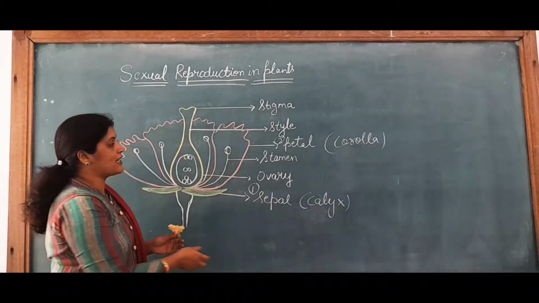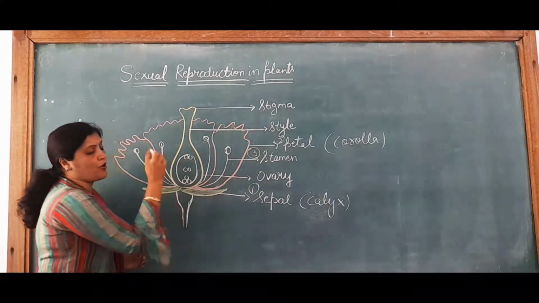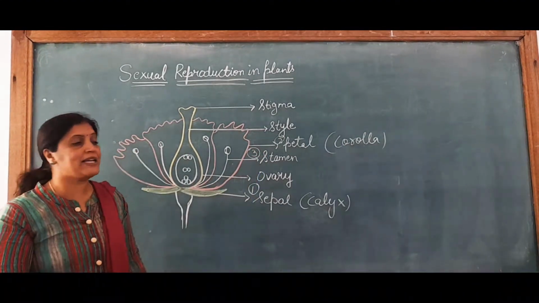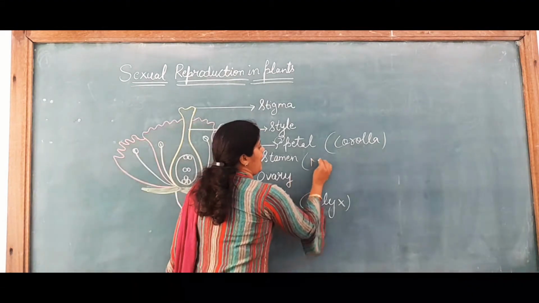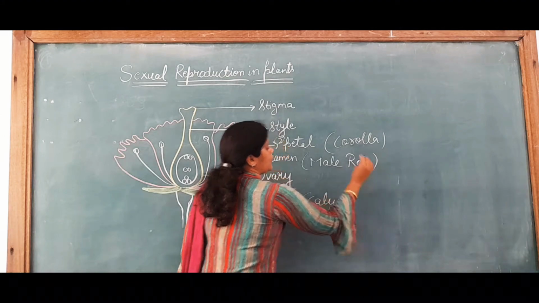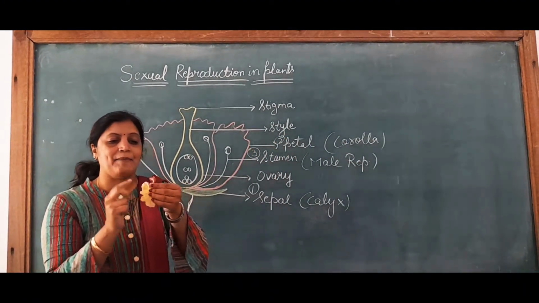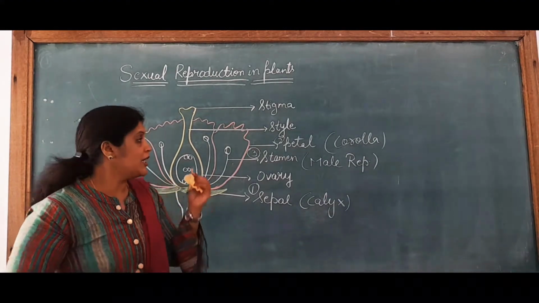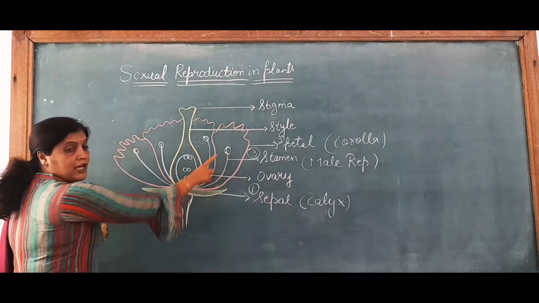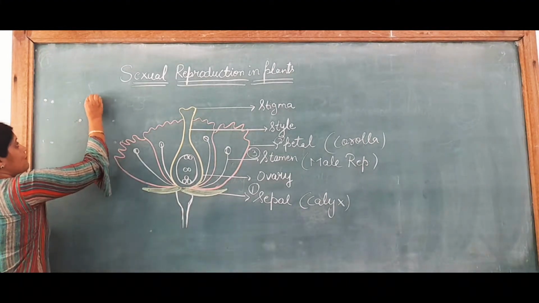Now the third part is known as the stamen. The stamen is the male reproductive part of the flower. You can see this one is the stamen. If you look at the stamen, it has two main parts.